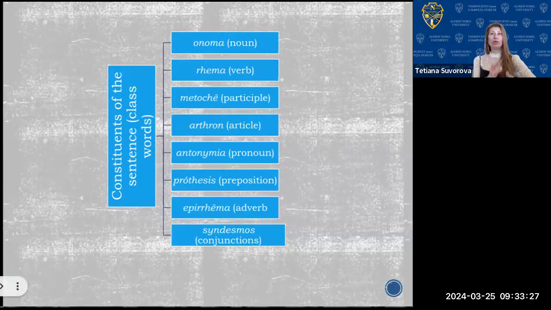And though this vision couldn't be applied to all the languages, because different languages have their own peculiarities, and as we know, they are not similar, and their structures can be different, for example, synthetic and analytical.